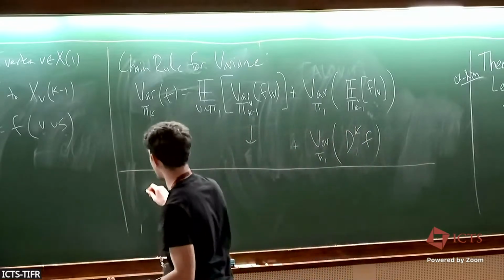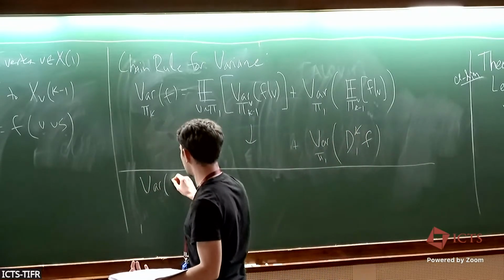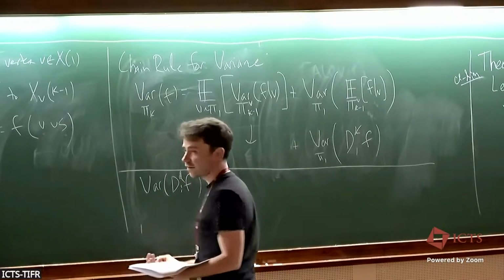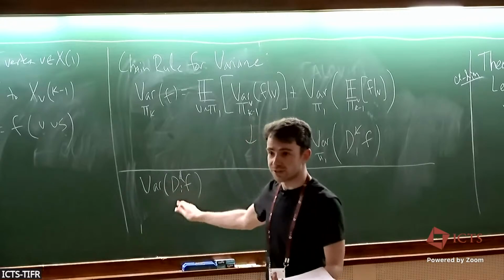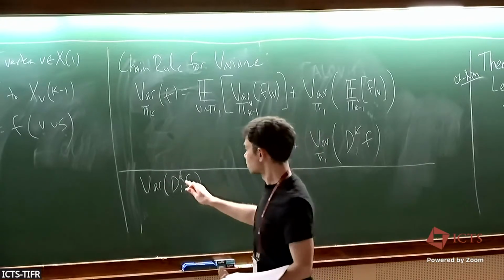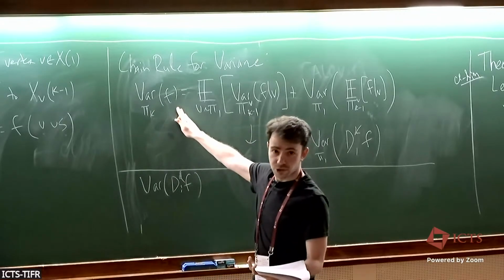Roughly speaking, what we're trying to do is analyze the variance of the down operator applied to f. We're trying to prove that this contracts the variance a lot compared to the variance of the starting f. So I'm going to immediately apply this result to it.